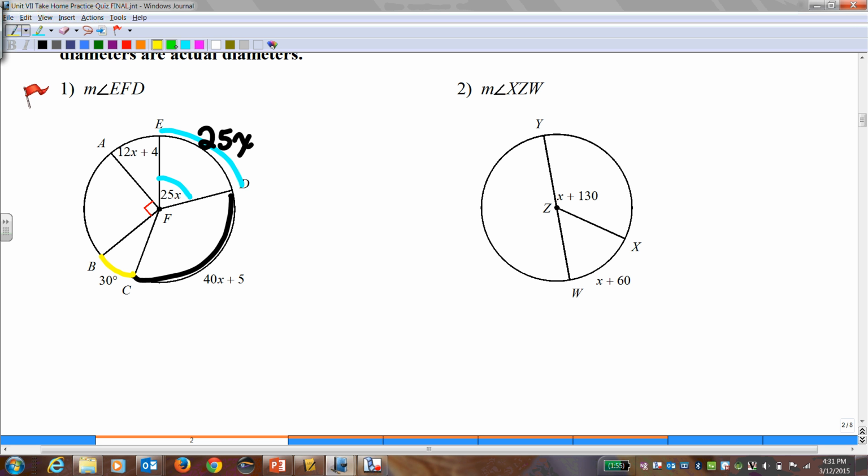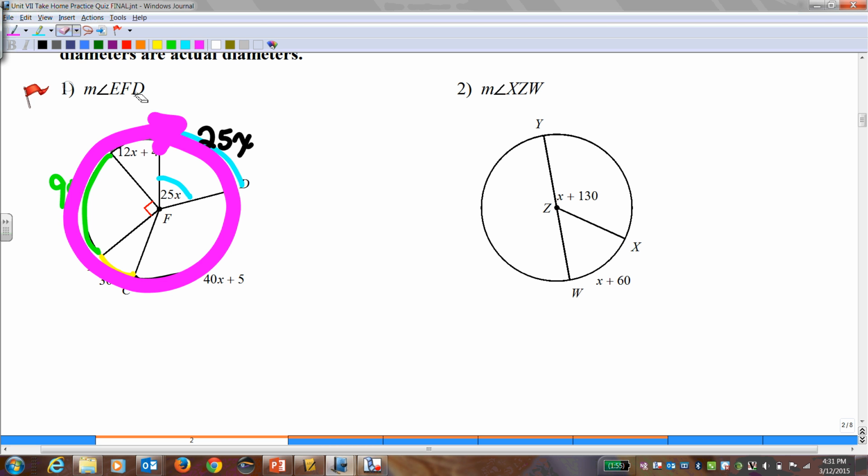That's 30. That's 90. And then right here, we have 12x plus 4. The main thing you want to watch out for is that circles add up to 360.